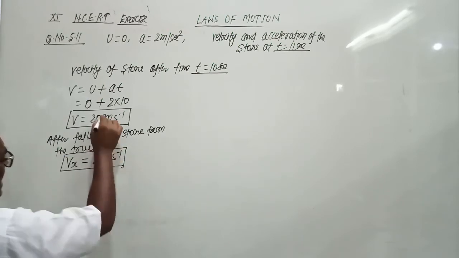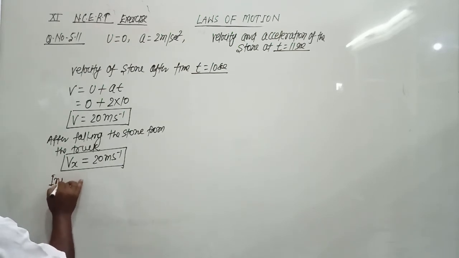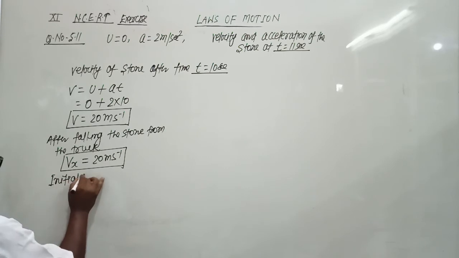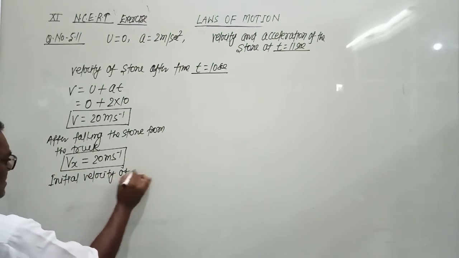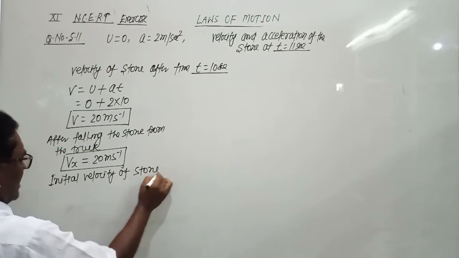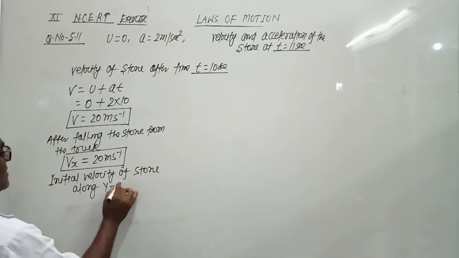The velocity which we have calculated is the horizontal component of velocity. Now the initial velocity of the stone along the y-axis.